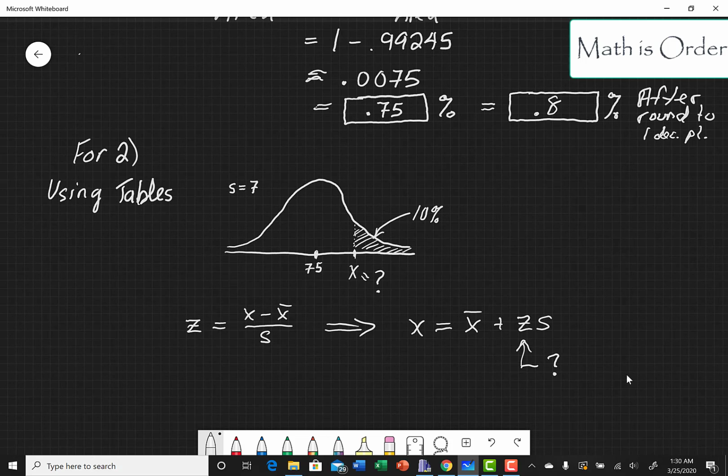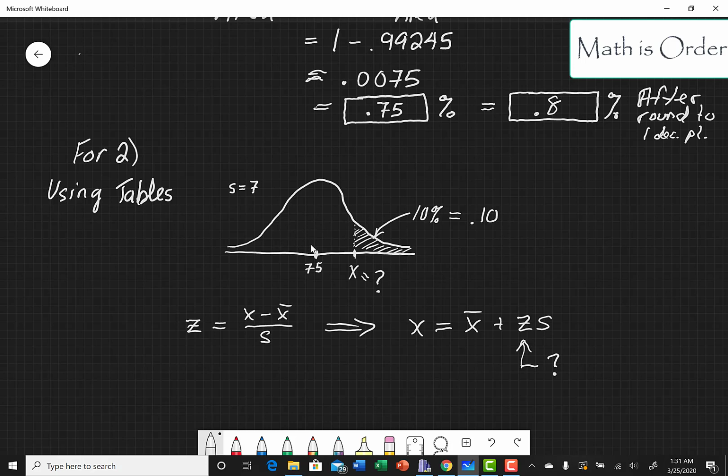this z corresponds to the left area, 0.9, right? Because again, the table always gives the left area. So we need a z value that corresponds to this left area. But what is that left area? You can see that this is 10% of the total area under this curve, so what must the other part be?